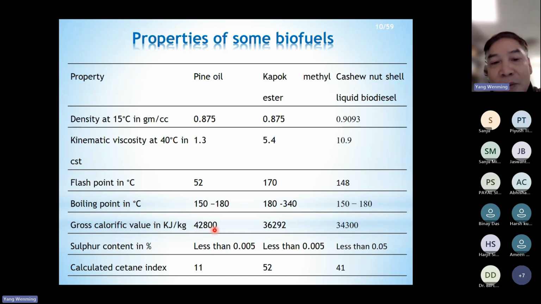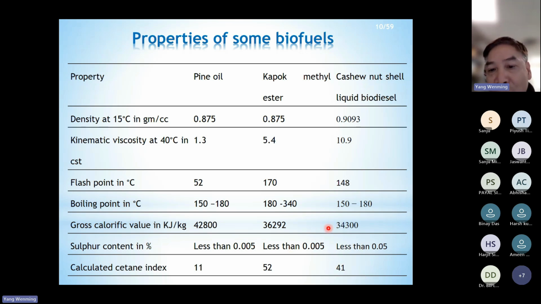And for the copper ester, the heating value is only 36, and cashew nut shell liquid biodiesel is even smaller. The sulfur content of palm oil is less than 0.005%. The cashew nut shell is higher, but still less than 0.05. As for the cetane number, palm oil is only 11, copper ester is 52, and cashew nut shell is 41.